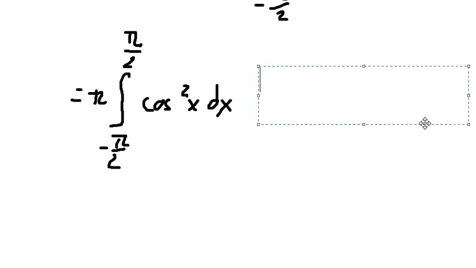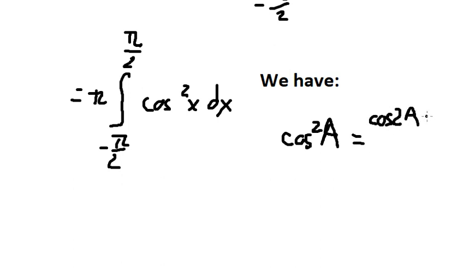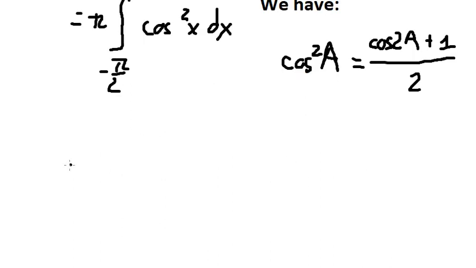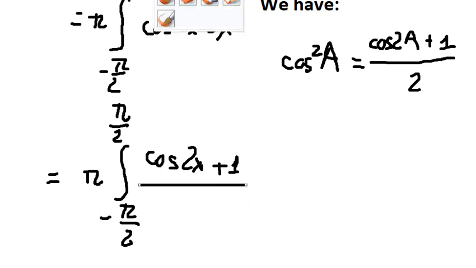So we have the formula in here. Now we need to transform this one into this one, and we get cosine 2x plus 1 over 2.